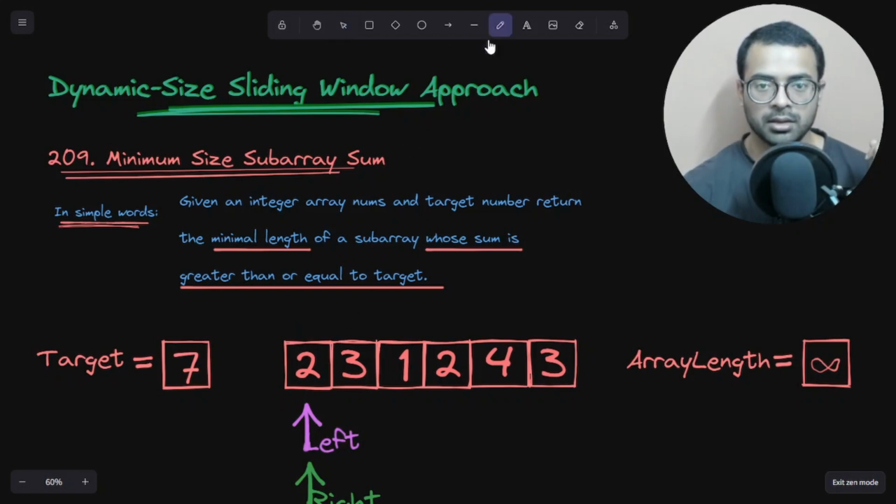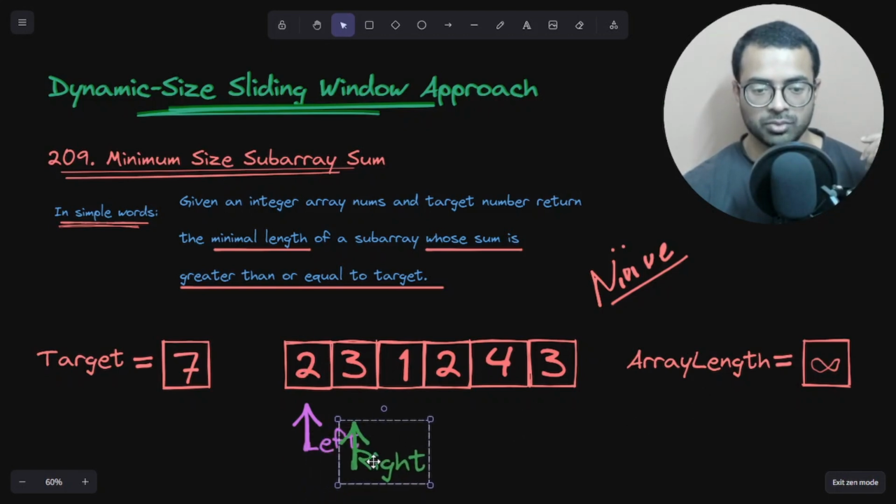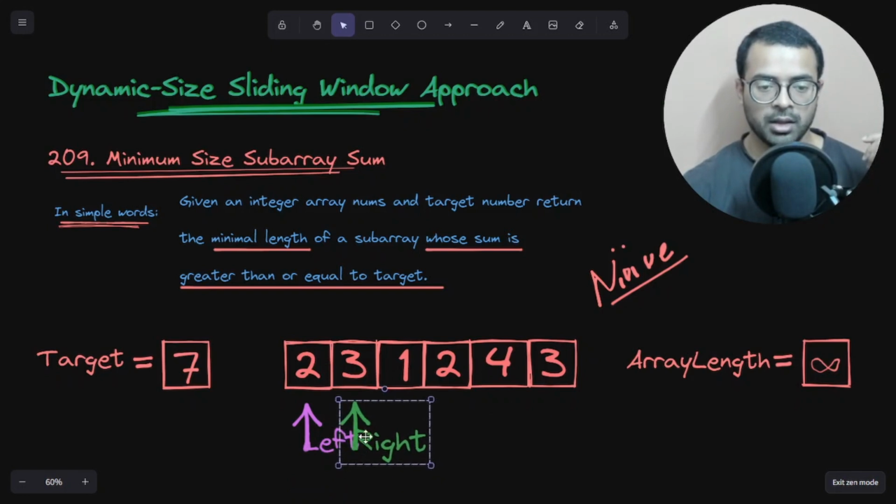Okay, let me write it. So this is the naive approach. Now both of the pointers are pointing towards this 2. So at the moment we have this 2, so let's move right one step forward. Now if you look at these two numbers, the sum is 5.